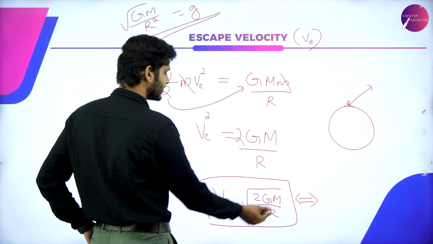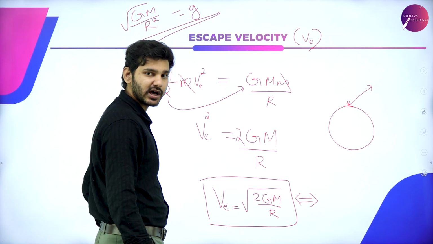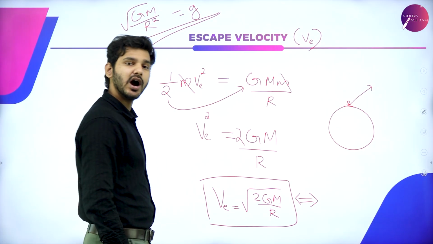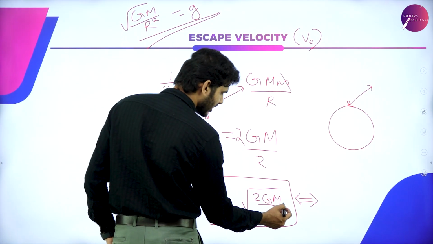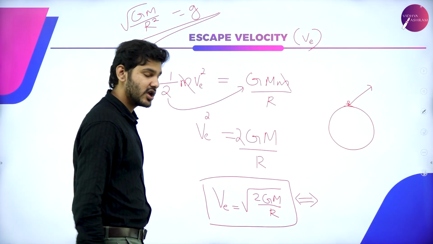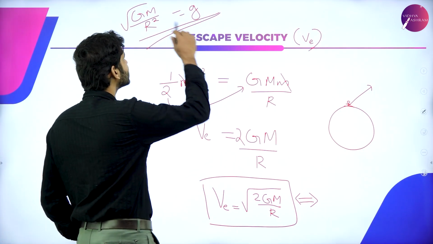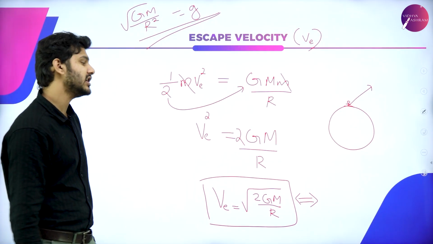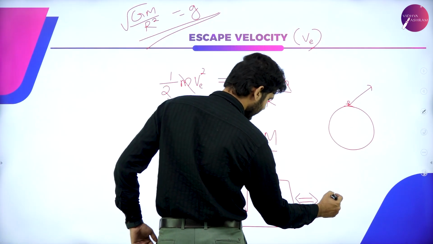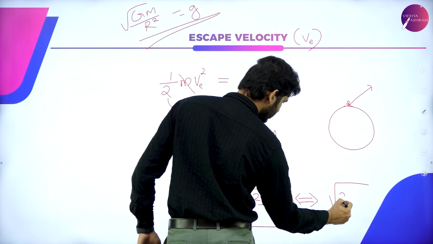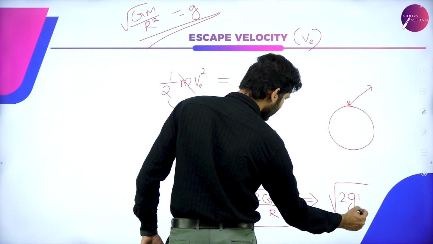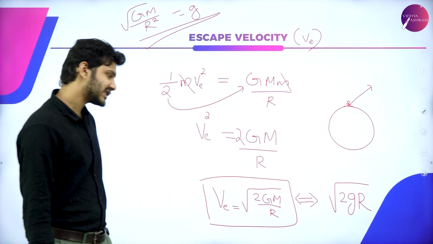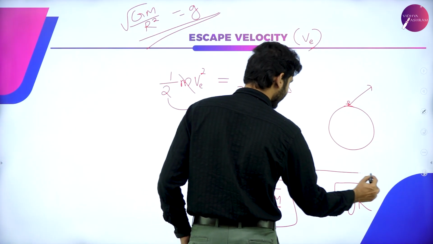Then it becomes 2GMR divided by R square. I know root of GM by R square is nothing but g. Then I can write this equation as root of 2gR.